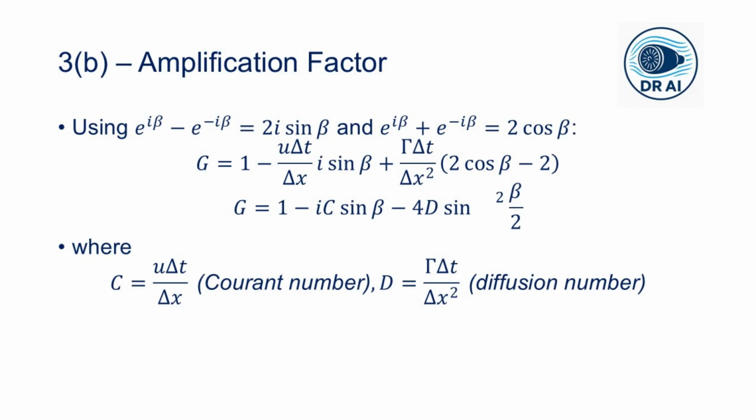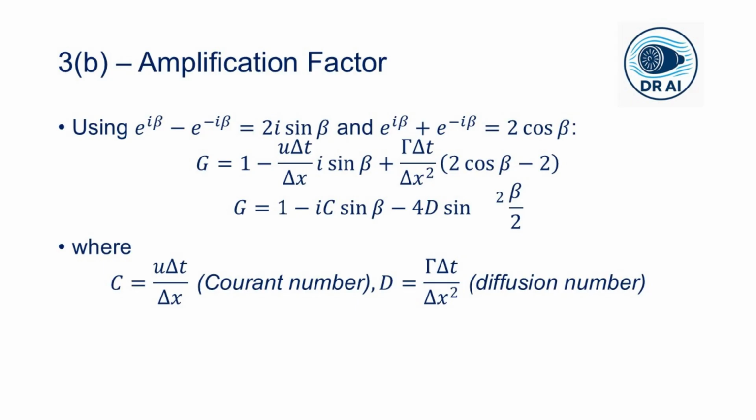Now use the Euler formulas. The second term becomes simplified, and the third term also becomes more compact. Defining the Courant number, C equals u times delta t divided by delta x, and the diffusion number D equals the coefficient times delta t divided by delta x square.